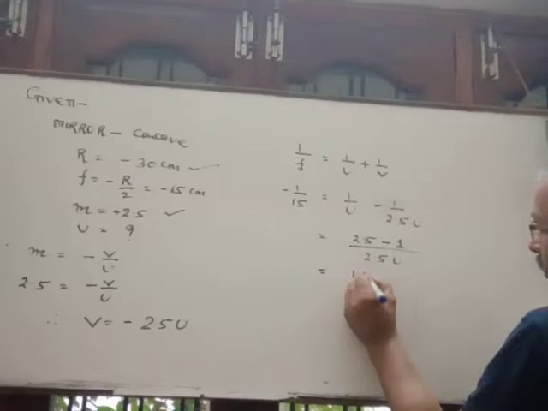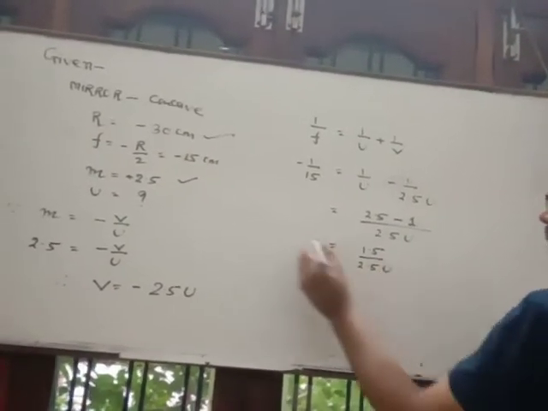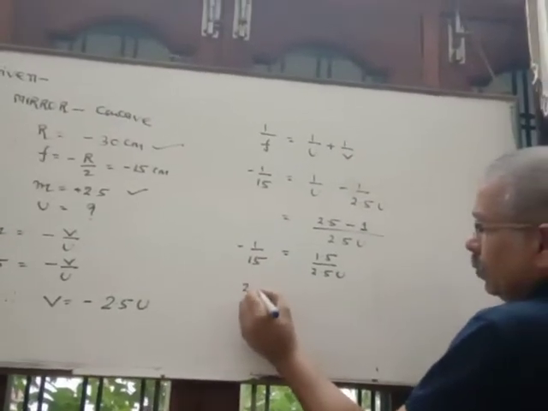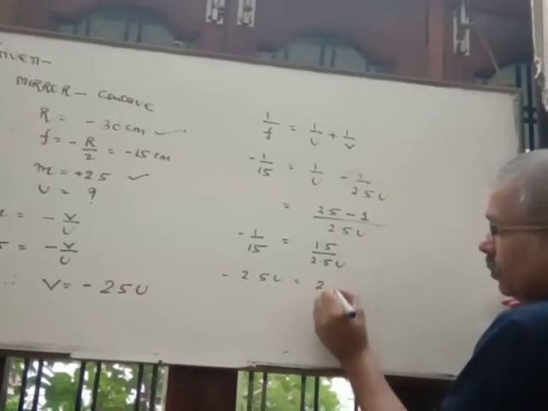That is 1.5 by 2.5 U is equal to minus 1 upon 15.